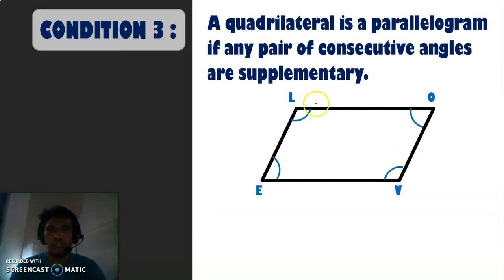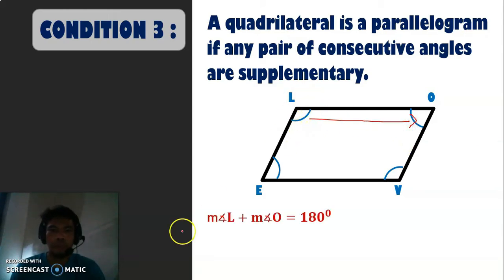We have quadrilateral LOVE. The consecutive angle of angle L is angle O. So we have the measure of angle L plus the measure of angle O equals 180 degrees. The consecutive angle of angle O is angle V. So the measure of angle O plus the measure of angle V equals 180 degrees.